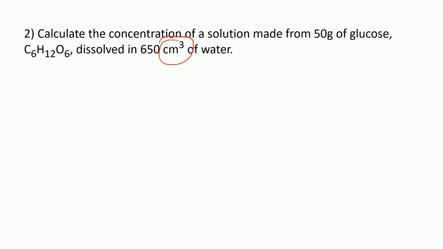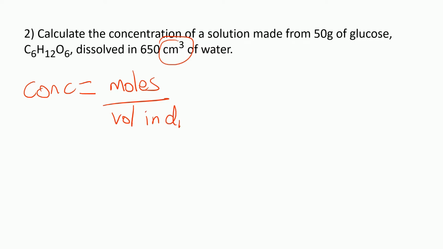But once again we start off with concentration equals moles divided by volume in dm cubed. That means the moles is mass over Mr. So we need to work out the Mr of glucose.